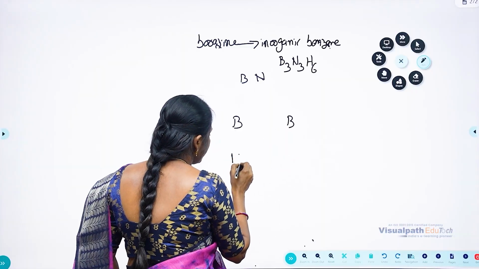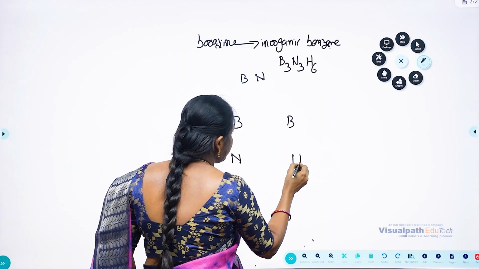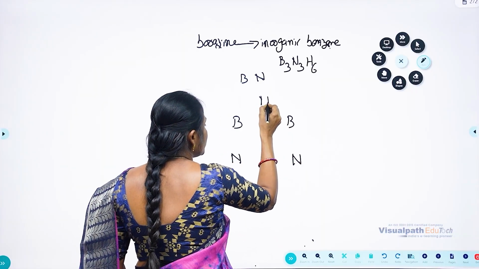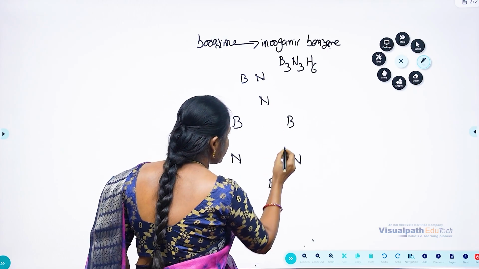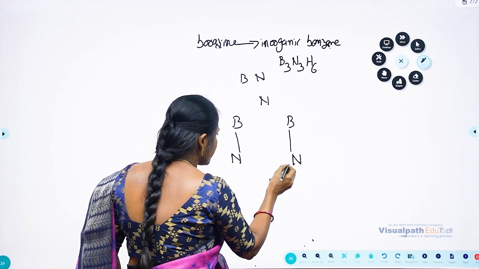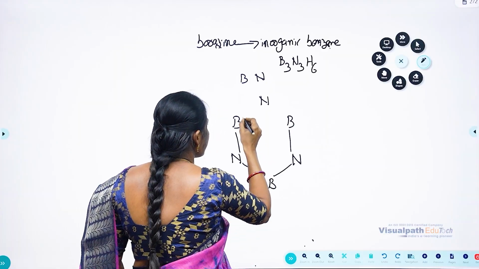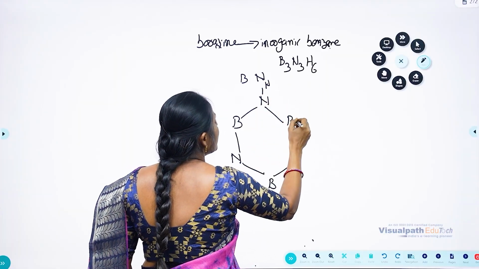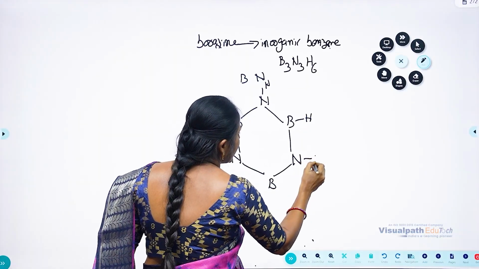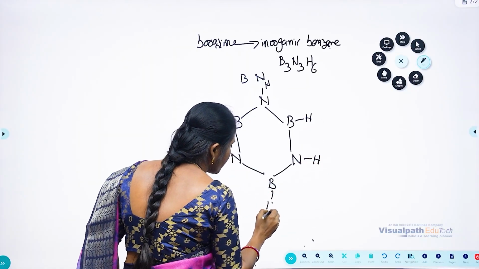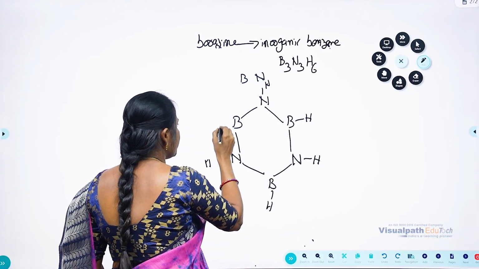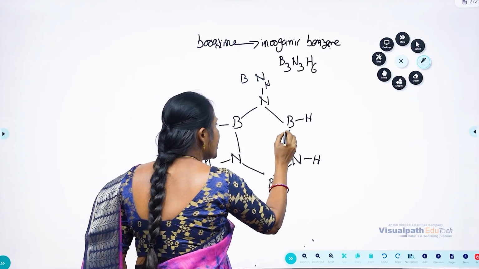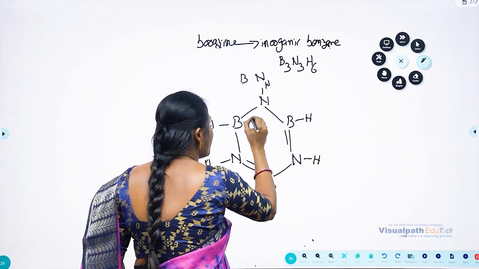Here we have boron and nitrogen. And how many hydrogens are there? Six hydrogens. Each boron and each nitrogen has one hydrogen, and there are alternating double bonds.